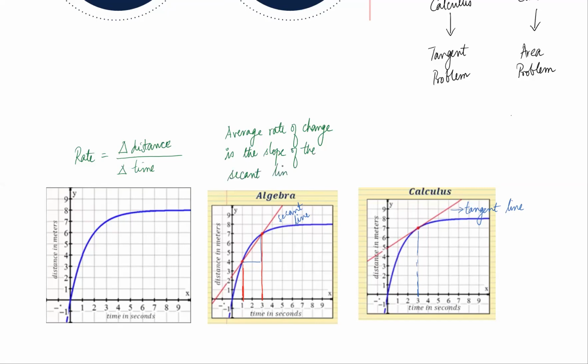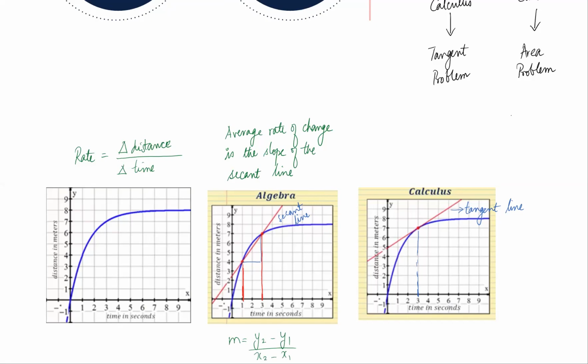Do we agree with that? Yes, because the formula for slope can be applied here, right? And that is m equals y2 minus y1 over x2 minus x1.